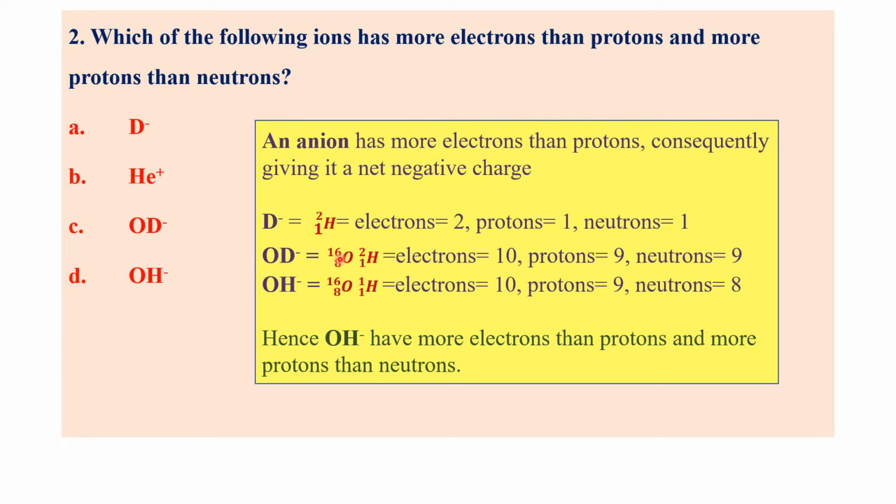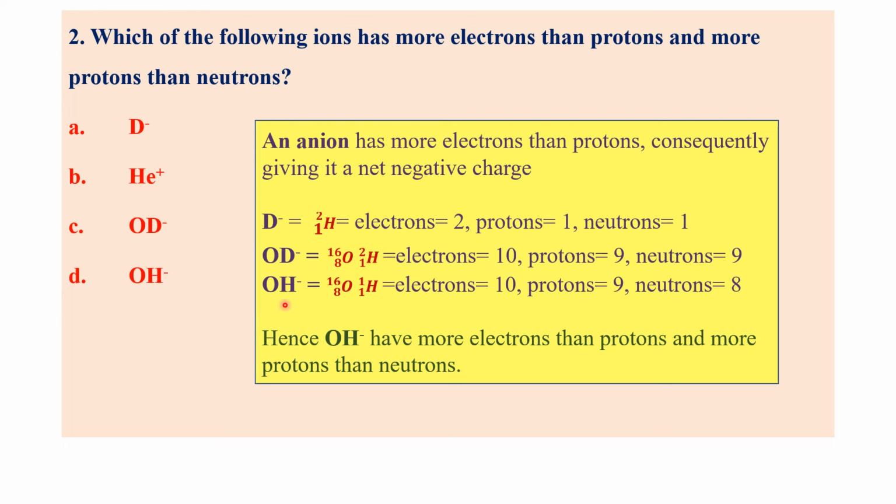Protons are 8 plus 1, which is 9. Neutrons are 8 plus 1, which is also 9. The electrons are greater than the protons, but the protons are equal to the neutrons, so it is also not the correct answer.